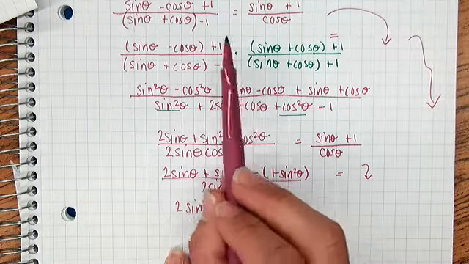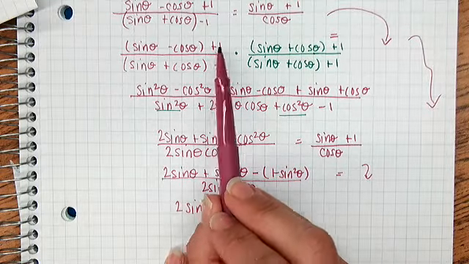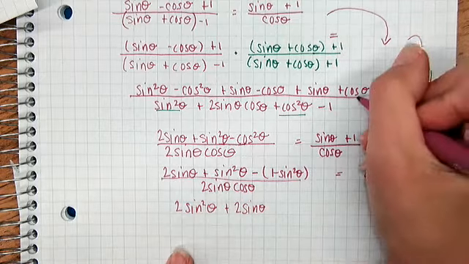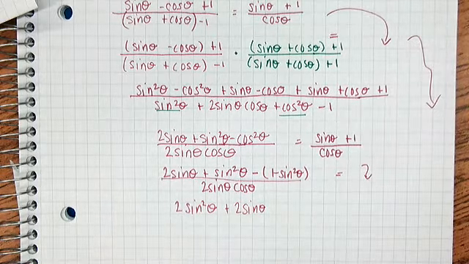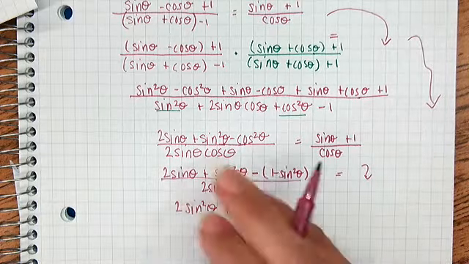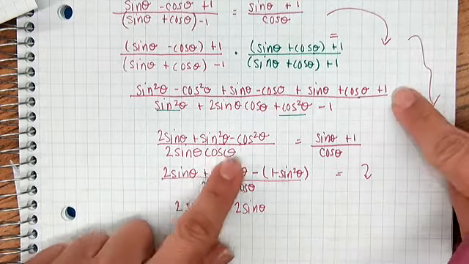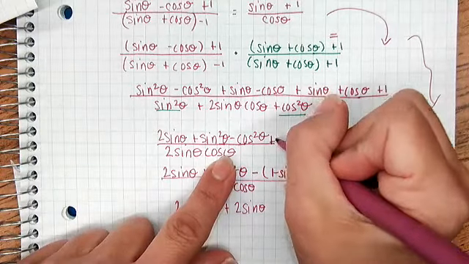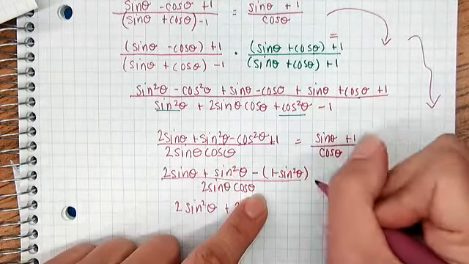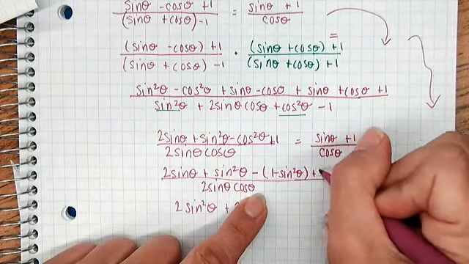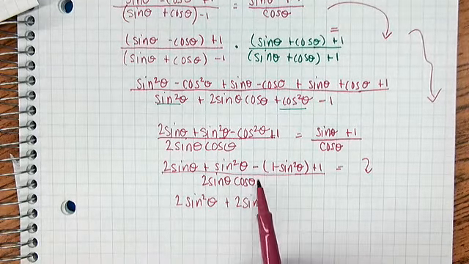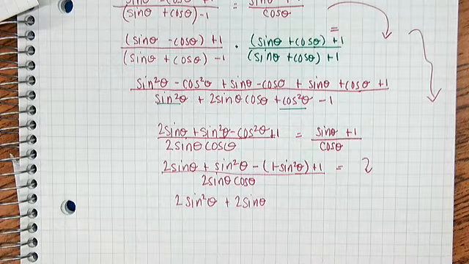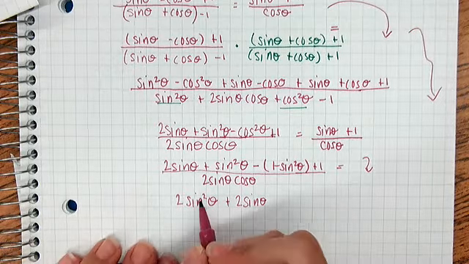When you distribute in the numerator, 1 times 1, I forgot the 1. So I forgot the 1 right here, so I'm going to put the 1 in right here. And then the 1 right here. So now I have negative 1 plus 1, which is 0. So excellent.